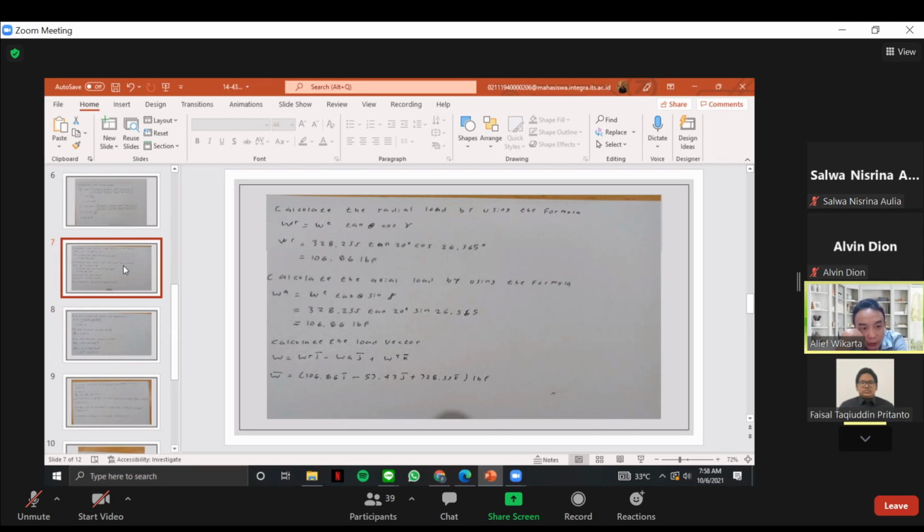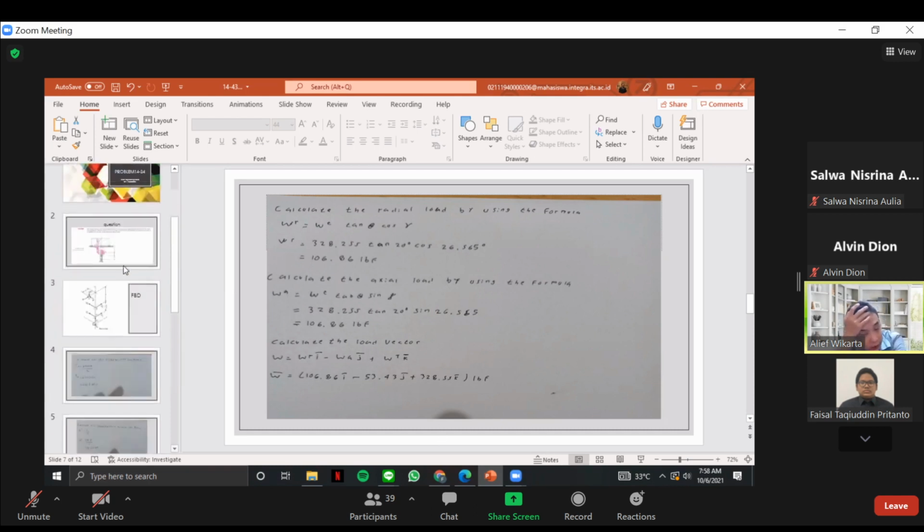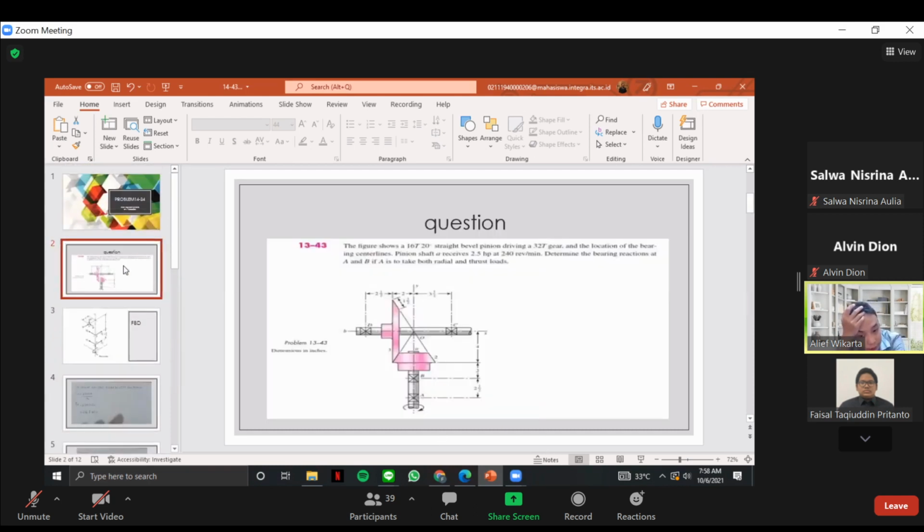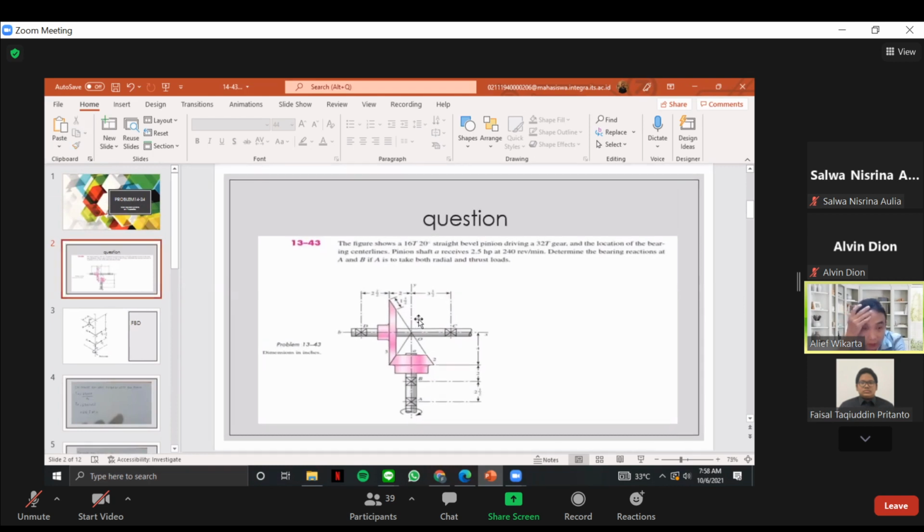Let we go back to the problem, Mas. Let we see the figure. Okay, so let we determine the force direction. Yeah, force direction for WT, WA, WR, tangential, axial, and radial force in gear 2.